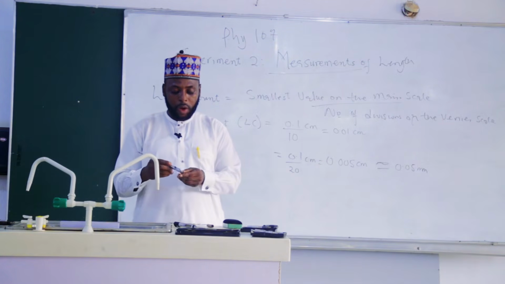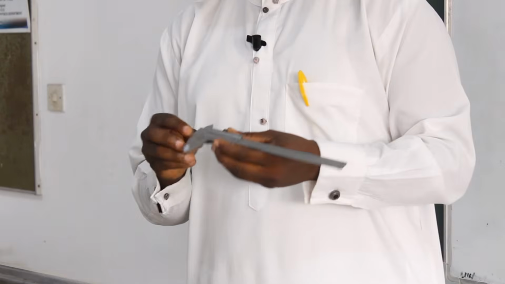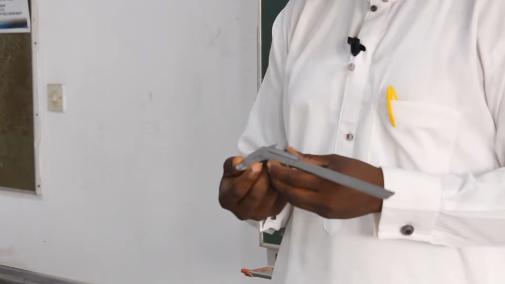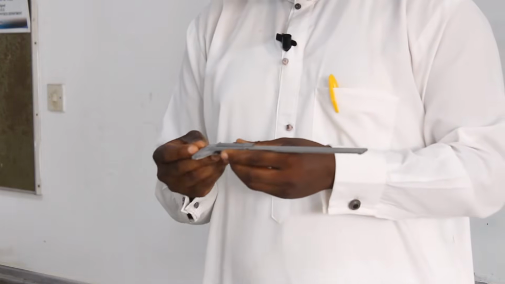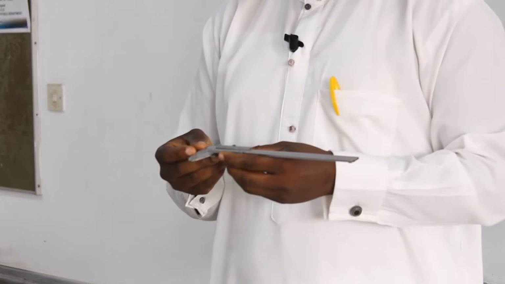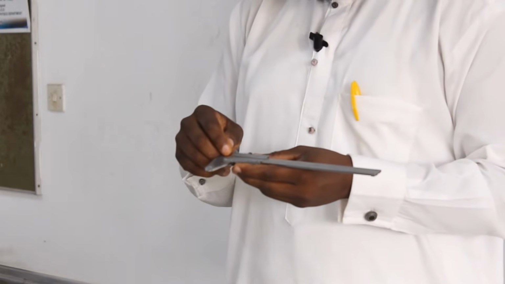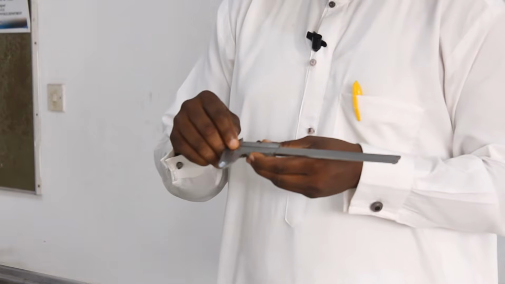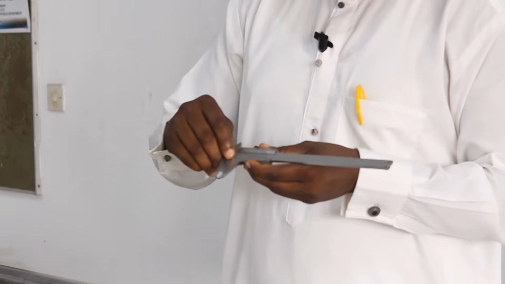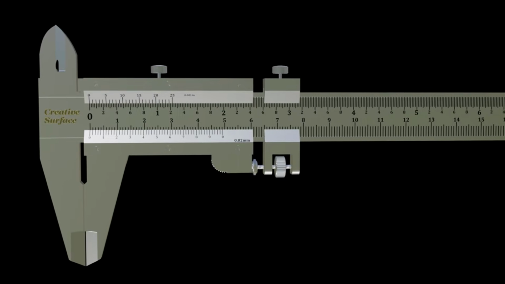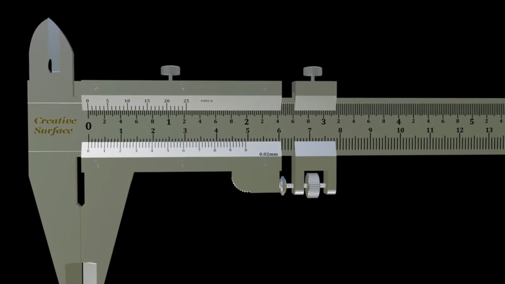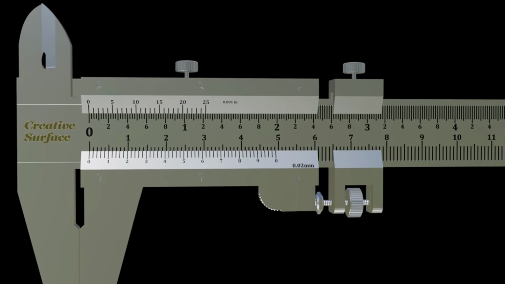So the zero error is going to be checked by collapsing or closing the jaws of the vernier caliper and observing that the zero marking on the vernier caliper coincides with the zero marking on the main scale.